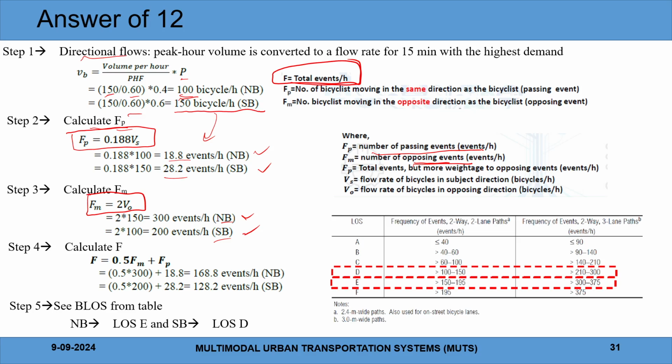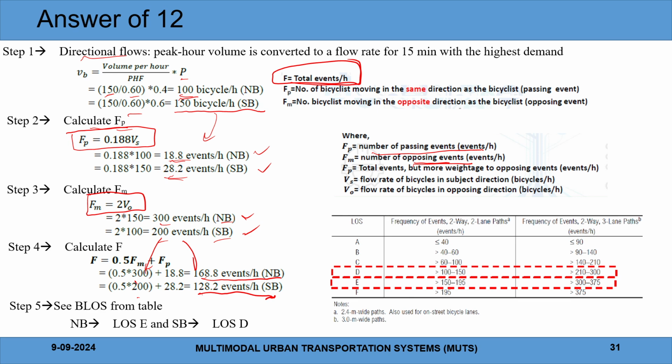If you calculate this with the values here, 300 and 200 and 18.8 and 28.8, there are 168 events for northbound and 128.2 events for the southbound.